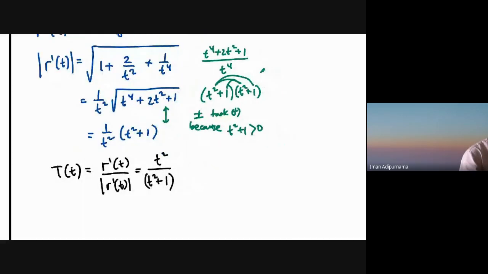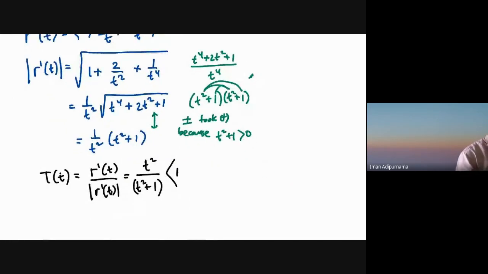This is the magnitude, and the vector r prime is 1, square root of 2 over t, and negative 1 over t squared.